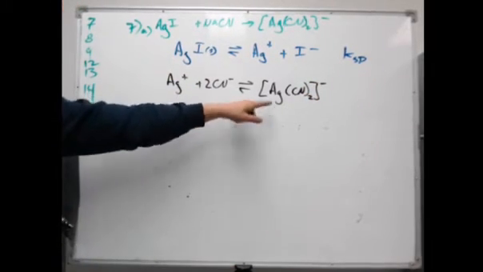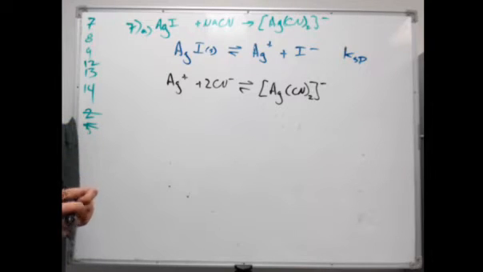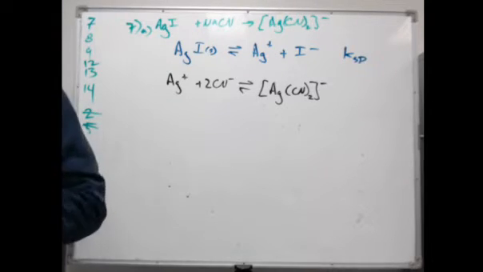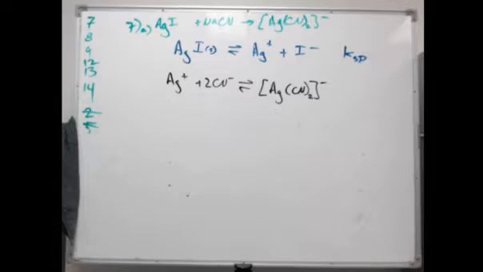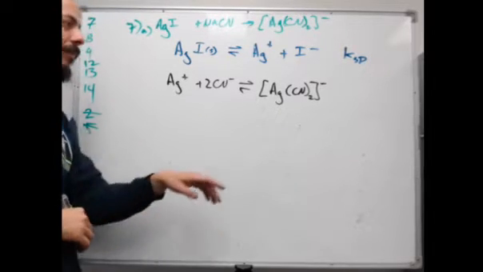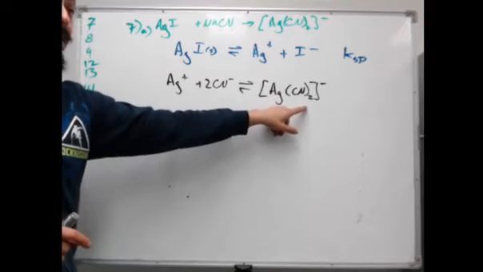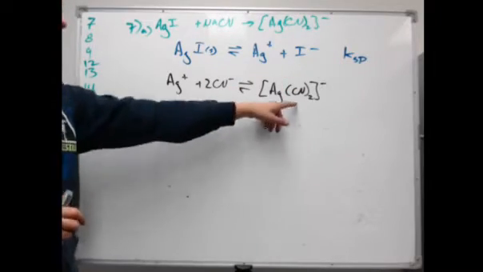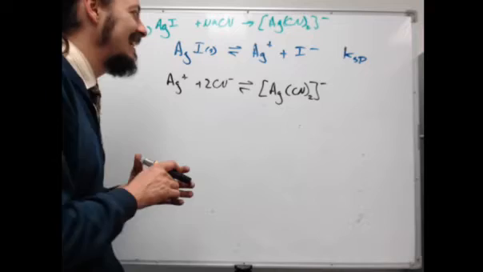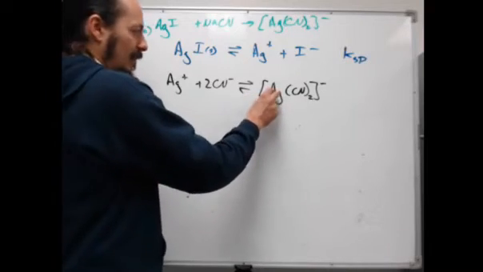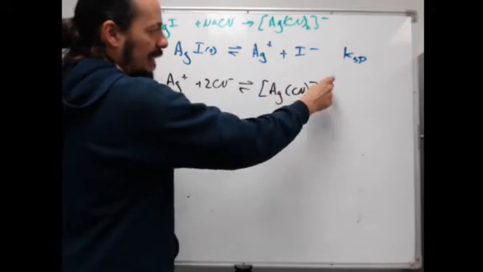What's the name of this? Say it in your head at least. Argentate, yes. Dicyanoargentate. We got the ATE ending on our argentum, on our silver, because of the minus, so it's dicyanoargentate.